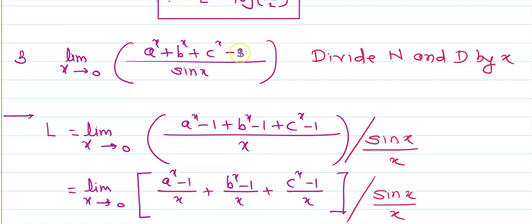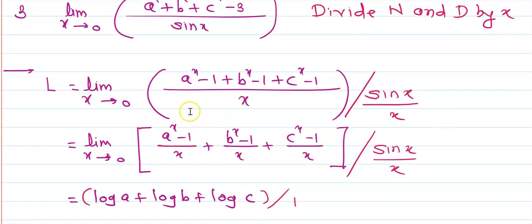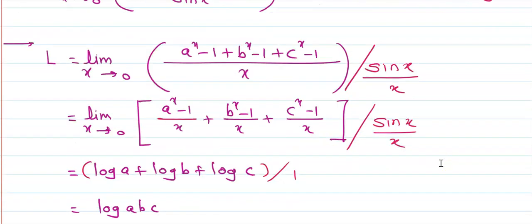This minus 3 is balanced like this: minus 1, minus 1, minus 1. We divide the numerator by x, and the denominator, which is sin x, upon x. Now here we can write the limit x tends to 0, (a^x − 1)/x plus (b^x − 1)/x plus (c^x − 1)/x, the whole divided by sin x upon x.